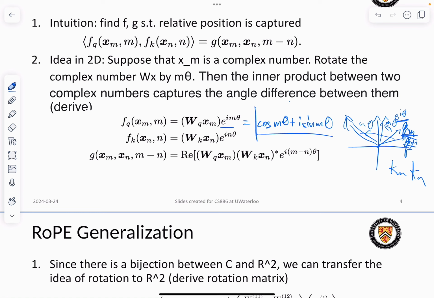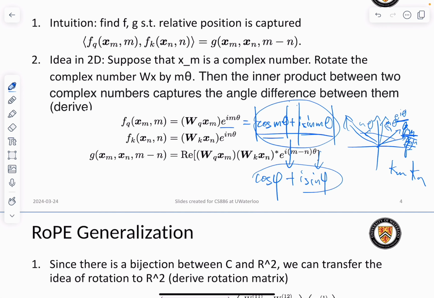If we take this to be the imaginary coordinate and this to be the real coordinate, and we multiply it by some arbitrary number, multiplying by this number is the same as multiplying by a matrix, and that matrix is exactly this here.